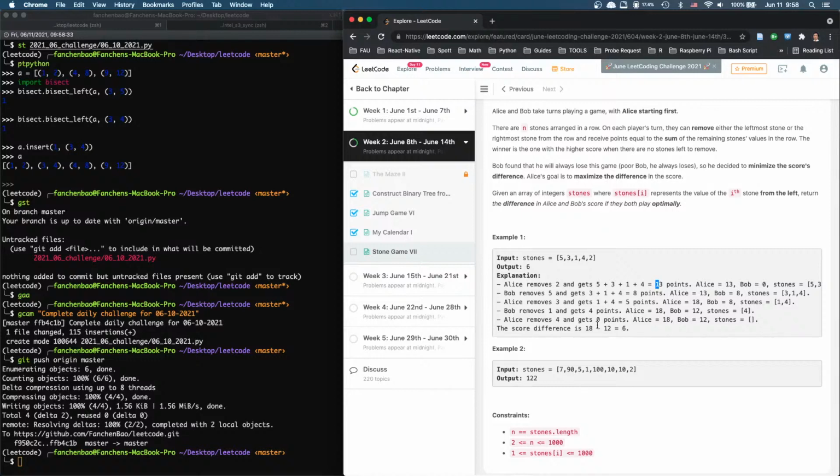But if he gets the large one every single time, then he minimizes per round, right? He minimizes per round. But Alice is able to get more points in the next round, because you're removing the smaller value, right? You're removing the smaller value.